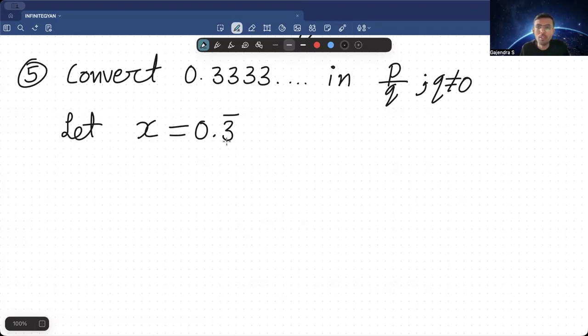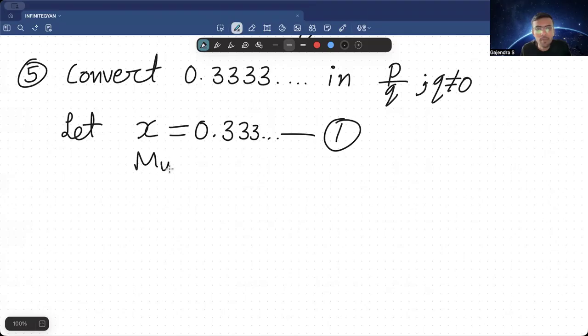bar. Okay, so this is the value of x, correct? Now let us name this equation as equation 1. Now multiply this equation with 10. If I were to remove this bar, it would have been something like this.